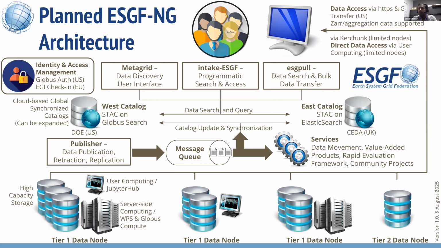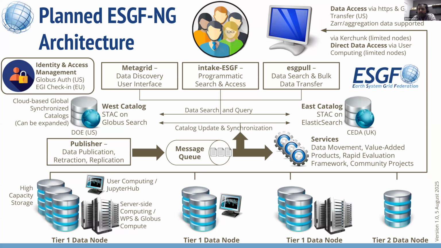Some nodes are able to offer some of those services, some are not, but it's not a core capability that is required of ESGF. It is a capability that many of the data nodes are starting to offer. Otherwise, the tier 1 data node is a node that is hosting the data sets and distributing those data sets.